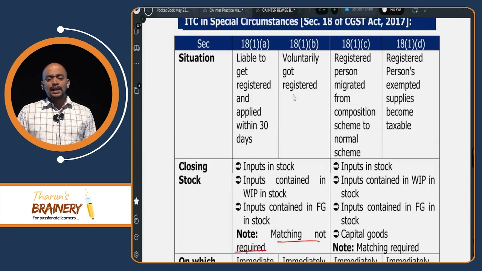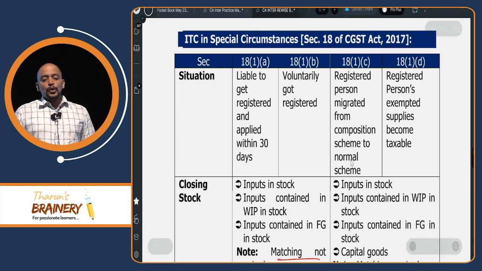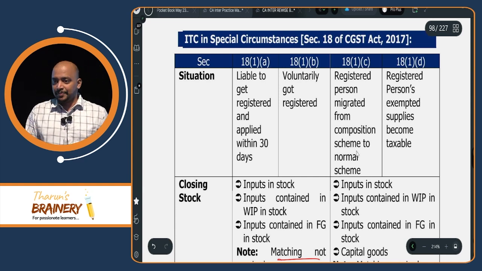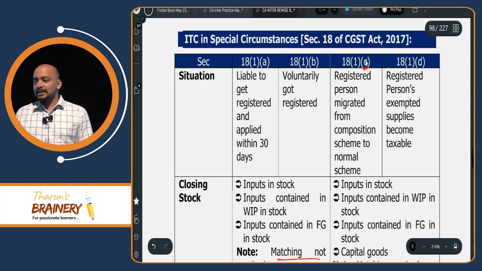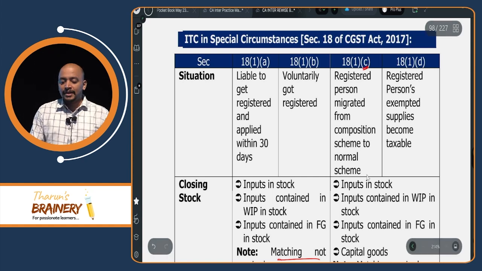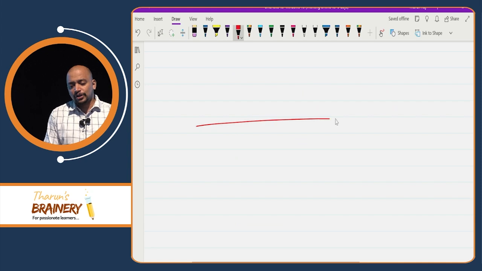Then, in case of 18(1)(c) and 18(1)(d), there is a registered person who migrated from composition scheme to normal scheme. Remember, C for composition scheme, 18(1)(c). So, composition scheme to normal scheme. I am under composition scheme. When I am under composition scheme, I cannot take ITC on closing stock.